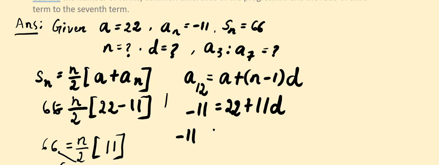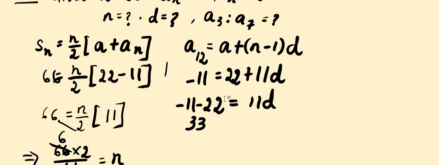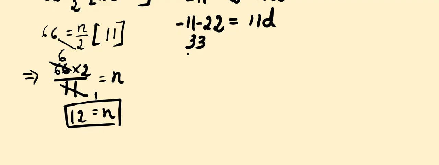And minus 11, when plus 22 comes to this side, it will become minus 22, is equal to 11d. Minus minus, both are minus. So we will add first, that is 22 plus 11. It is 33, correct? Minus symbol, we have to remember. And when this 11 comes to here, it will become divide, 11 is equal to d.